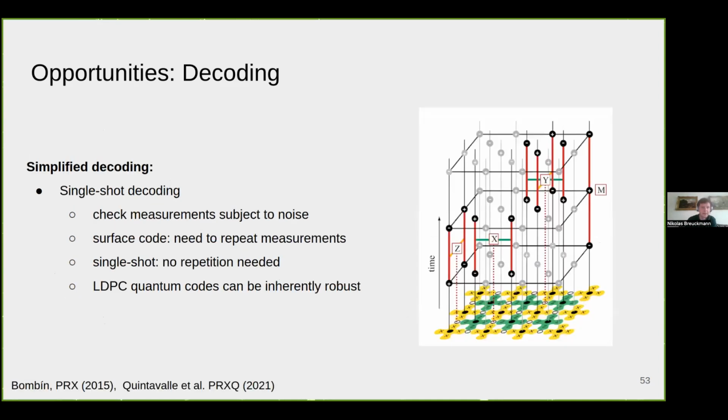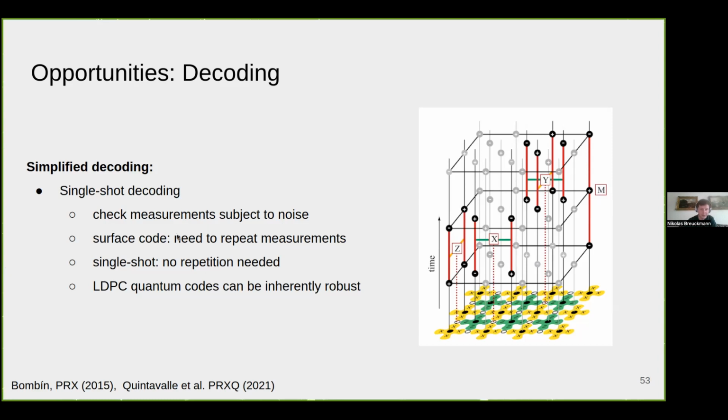We already had this earlier question about these longer chain complexes, and this property that our measurement results are themselves encoded. This can be helpful for so-called single-shot decoding, where we assume that the check measurements are subject to noise.